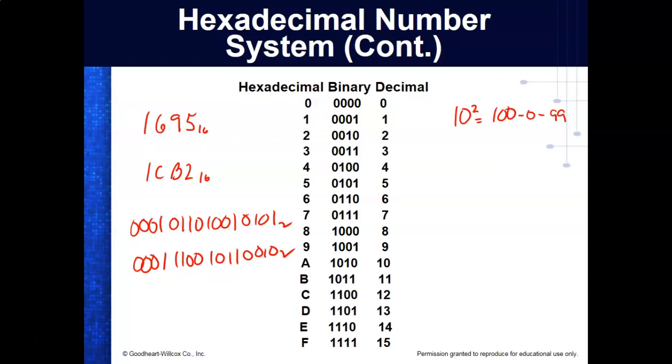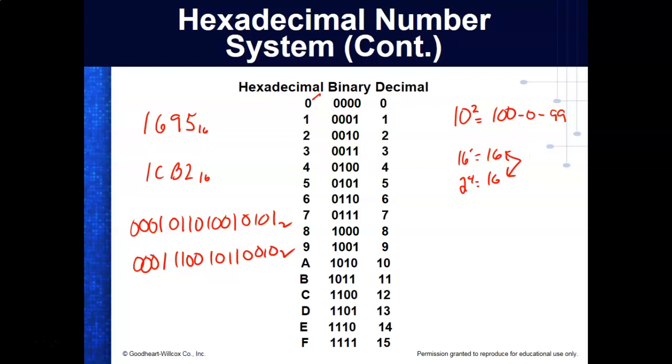But the number of combinations: how many combinations can I represent with each digit of base 16? That'd be 16 to the first. I got exactly 16 combinations. How many combinations can I represent with 4 bits of binary, 2 to the fourth? I can represent exactly 16 combinations. What do you notice?